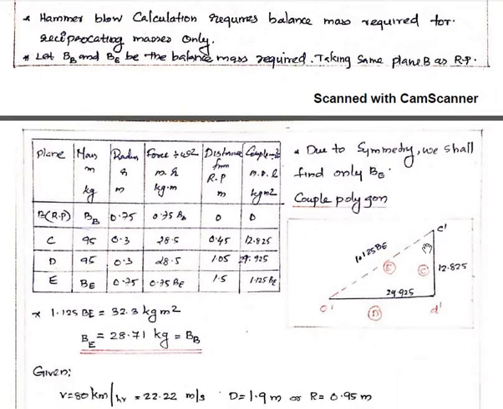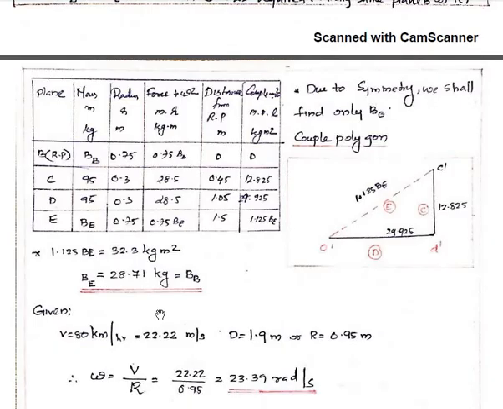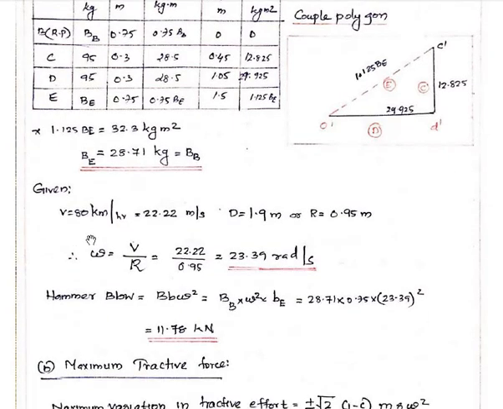Here we can draw a couple polygon, and you will get BE equal to 28.71, which will be similar to your BB, so the balancing mass is 28.71.